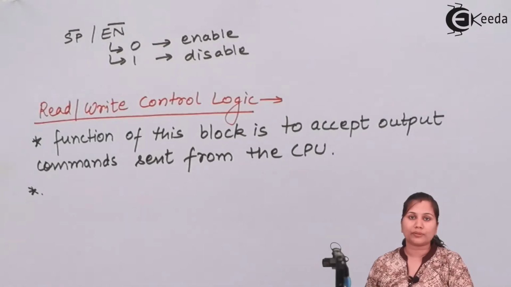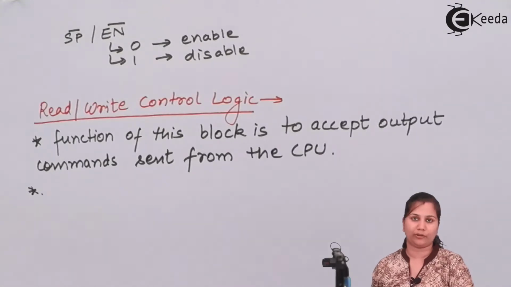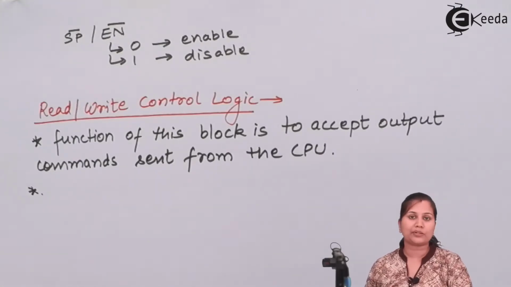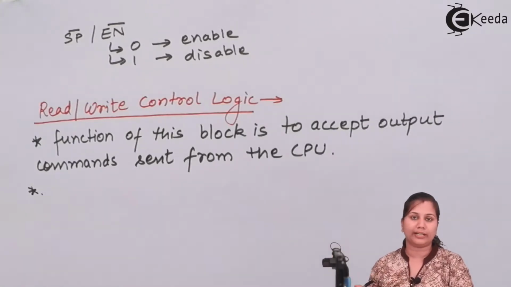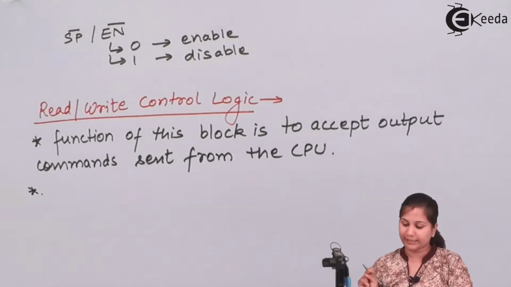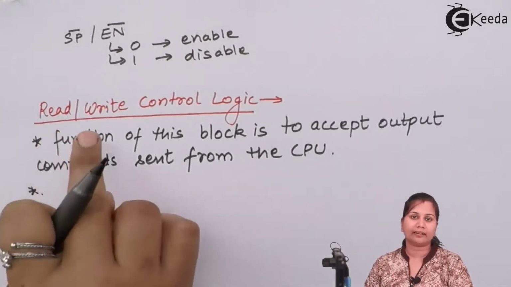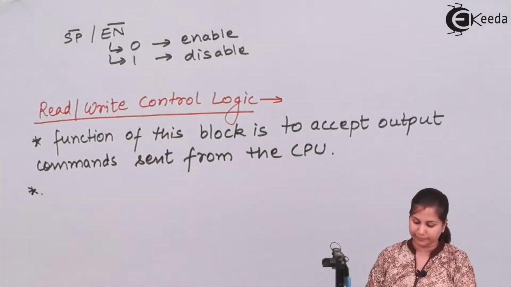There are two types of command words in the 8259: initialization and operation. Initialization command words are used to initialize the IC 8259, and the operation command words are related to the modes of operation of 8259. These are given by the CPU to the 8259 when the write signal is enabled in the read and write control logic block.